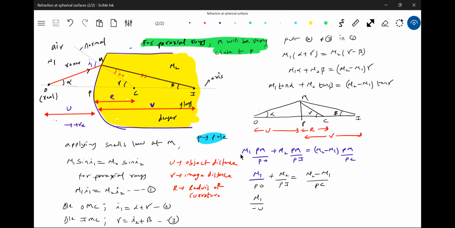This is the incident ray, and the direction of the incident ray is taken as positive. Therefore PO is measured opposite to the incident ray, so this will be minus U. What about PI? PI will become plus V. PC will become plus R. These conventions are very important. So finally we'll land up with the formula like this.